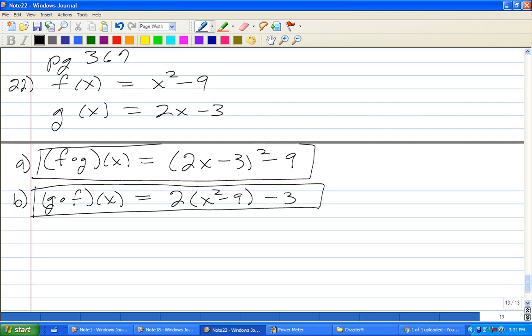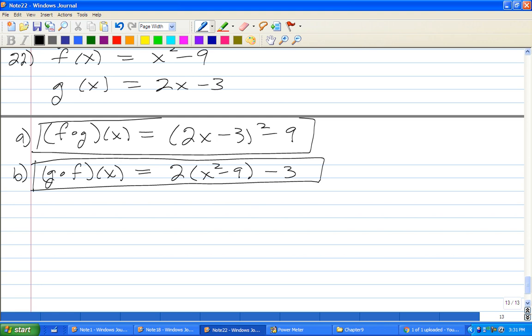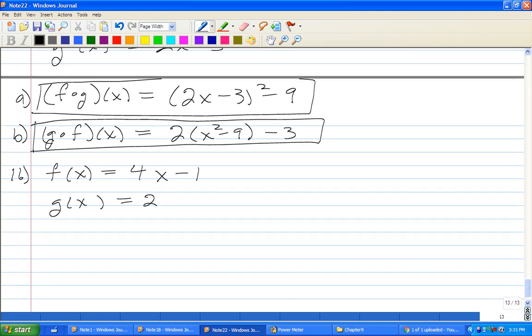Let me do problem number 16. f of x equals 4x minus 1. g of x equals 2. Part A. f composed with g at x.